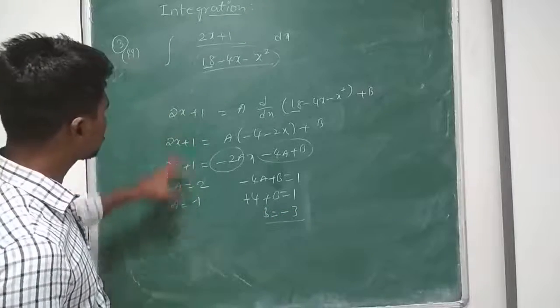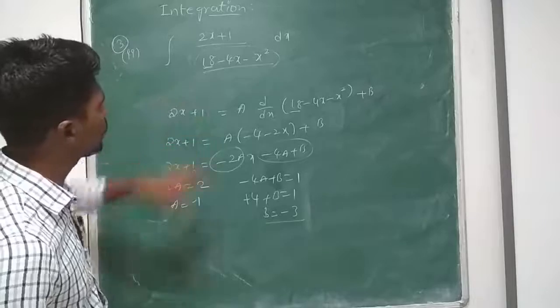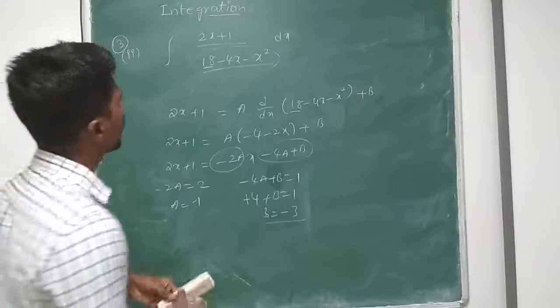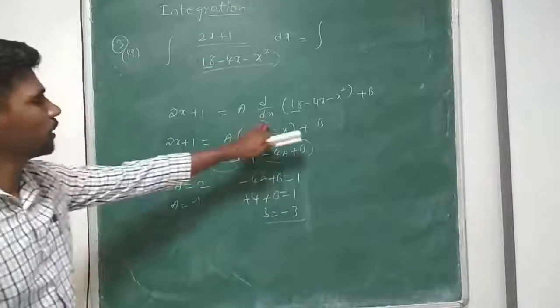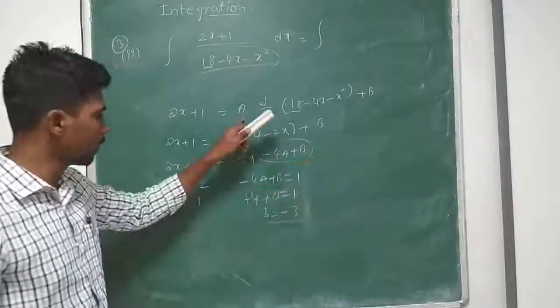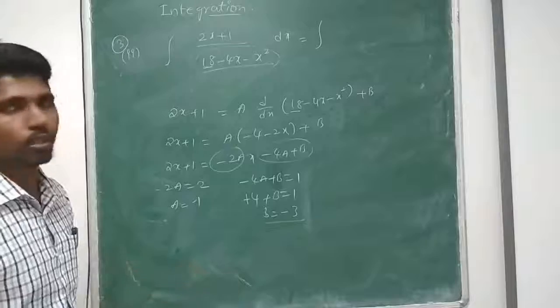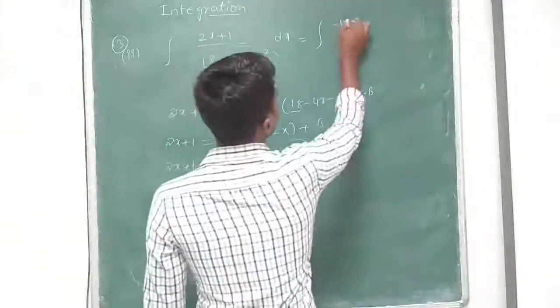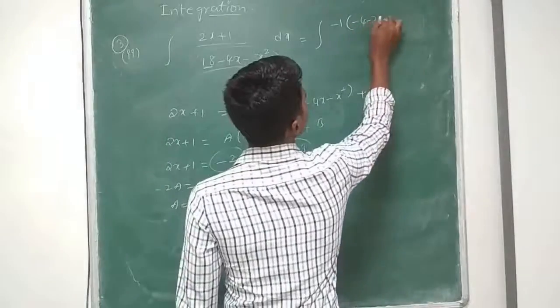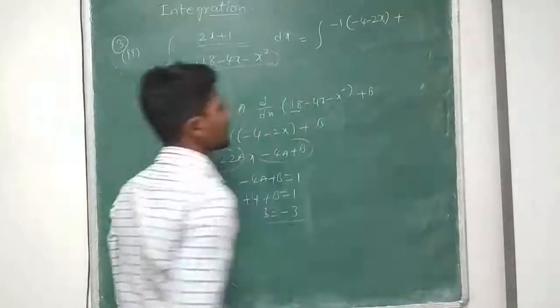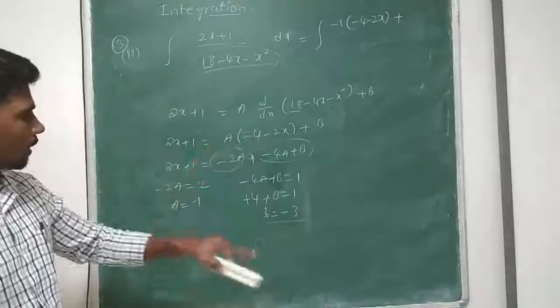So I can express this 2x plus 1 as a into d by dx of this particular thing. What I got? A value minus 1. So minus 1 into minus 4 minus 2x, plus b, what I got?